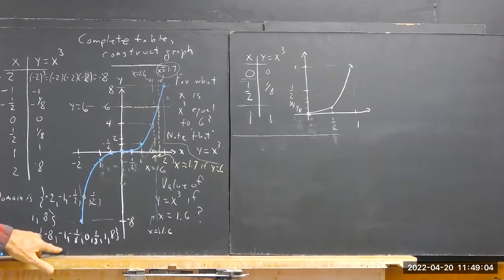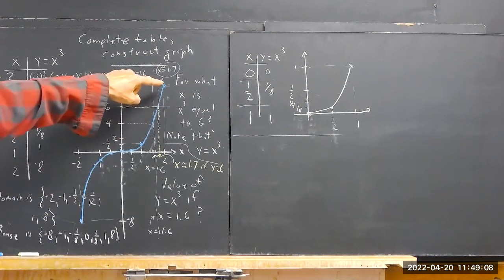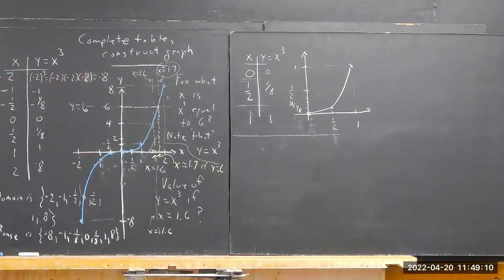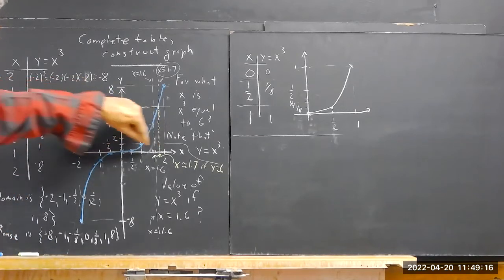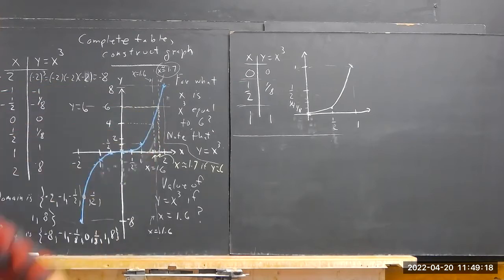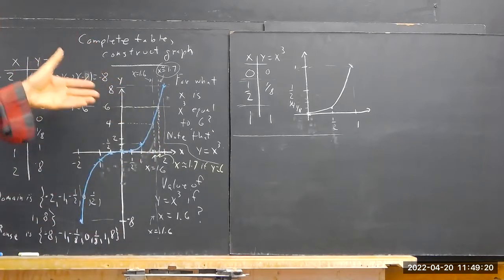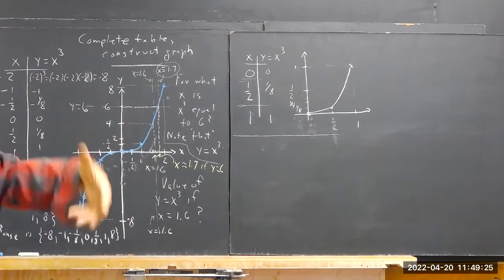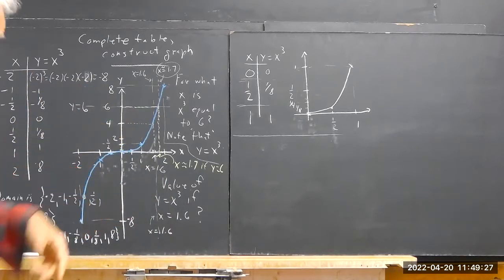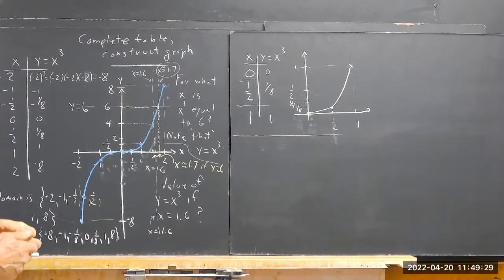And here's the range that corresponds to the table. When I draw the curve, I've extended the domain. Now the domain includes all x values because I have a y value for every x value, and I can use the graph to estimate values of x for a given y and values of y for a given x.